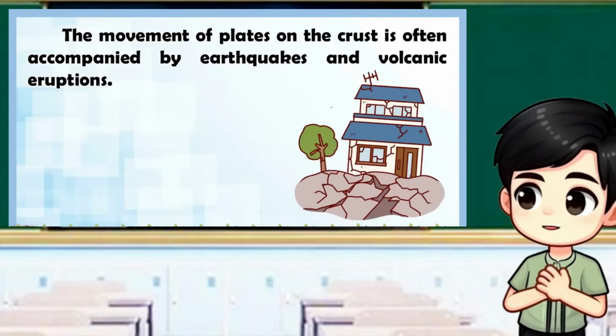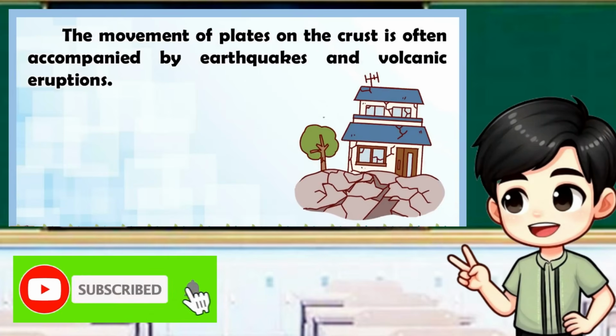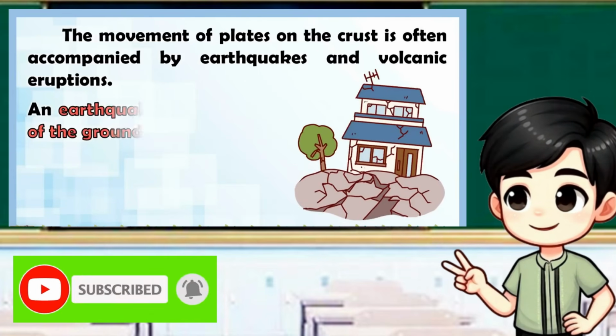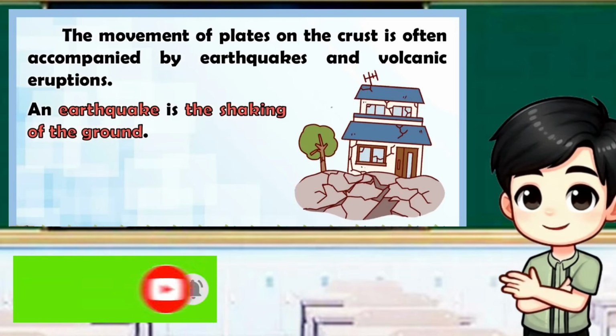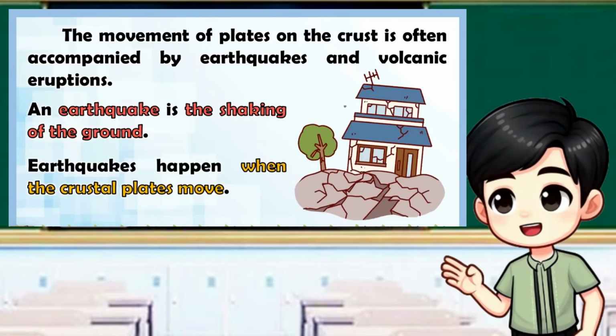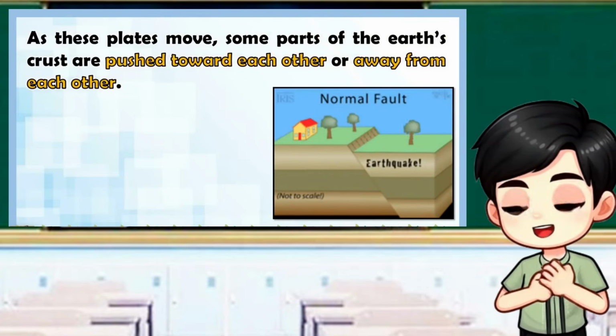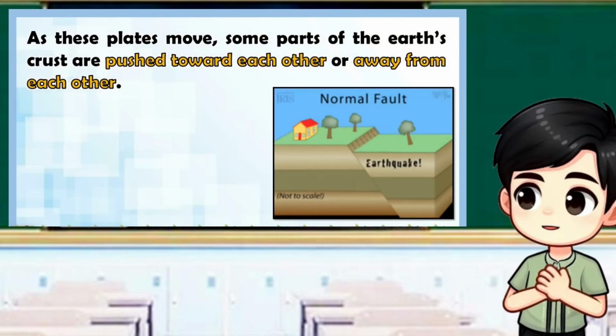The movement of plates on the crust is often accompanied by earthquakes and volcanic eruptions. An earthquake is the shaking of the ground. Earthquakes happen when the crustal plates move. As these plates move, some parts of the Earth's crust are pushed toward each other or away from each other.